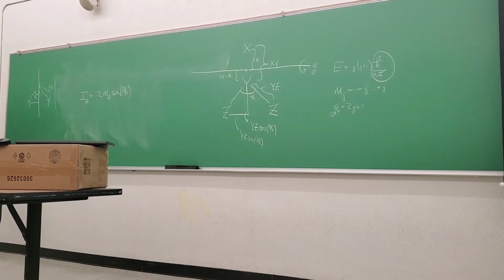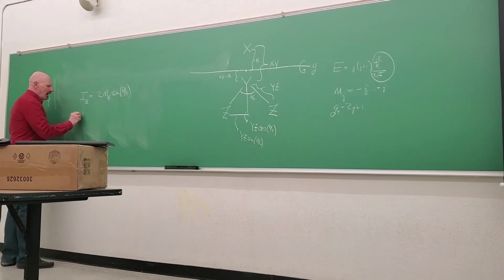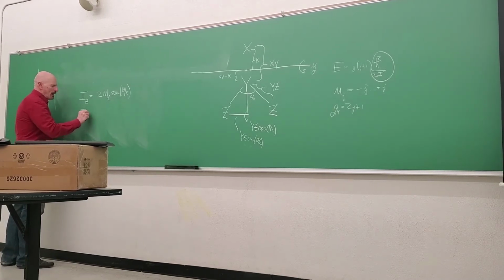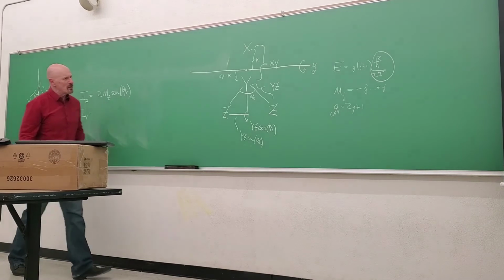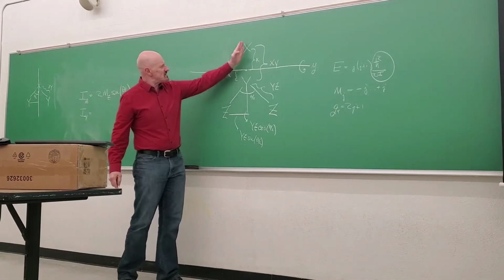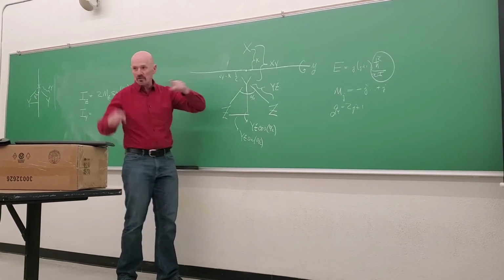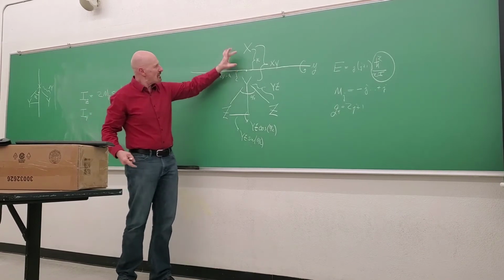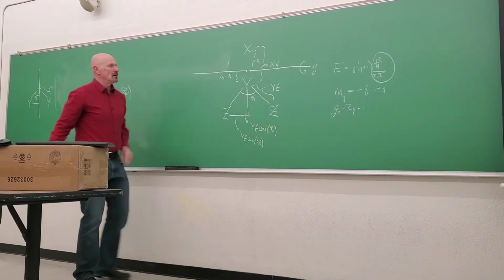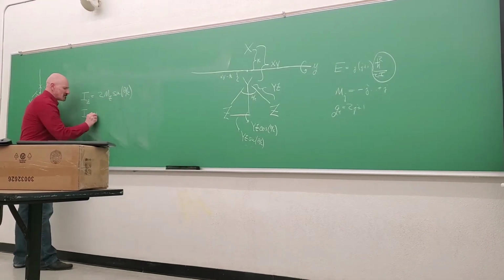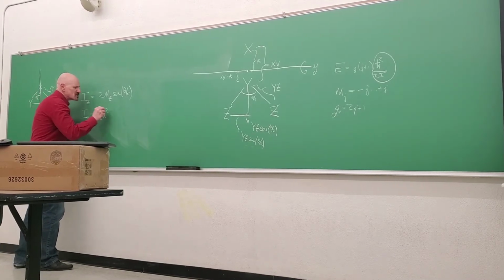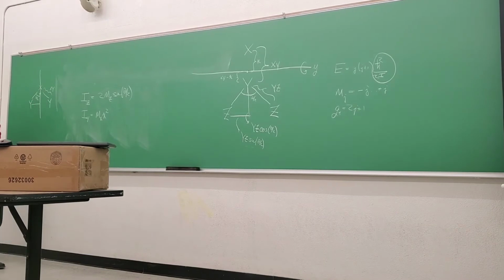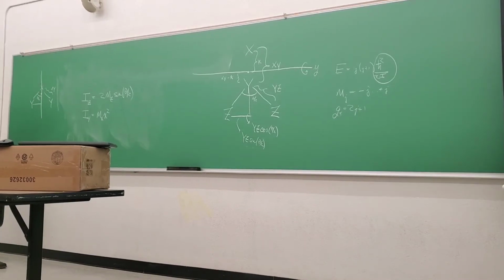All right, so for there, the I in Y is going to be, we need this distance here, because this is going to be rotating around. That distance is X. So it's going to be the mass of particle X times X squared. Mass times the distance squared, that's your moment of inertia.